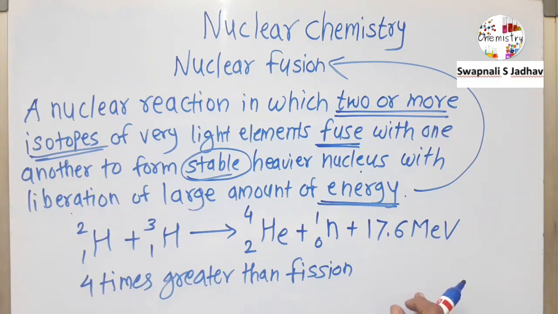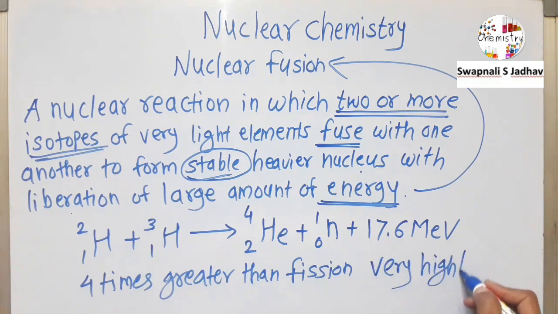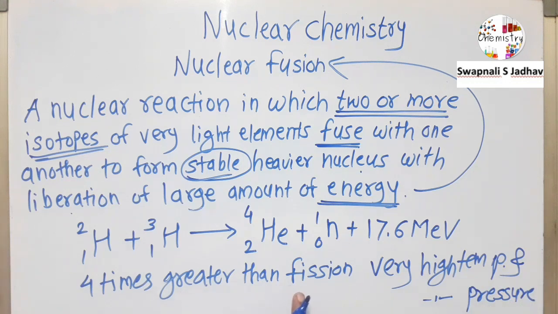That is for fusion reaction very high temperature and high pressure is required. 4 times greater energy मिल सकते हैं than fission, but condition is what? For nuclear fusion reaction, very high temperature and very high pressure is required.